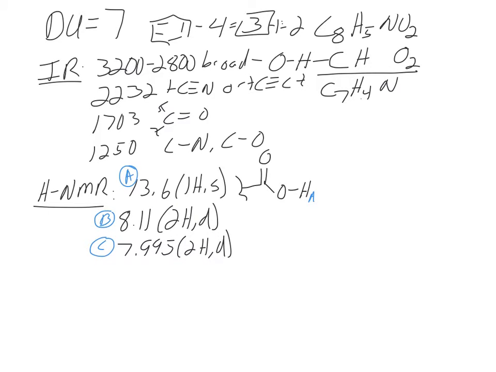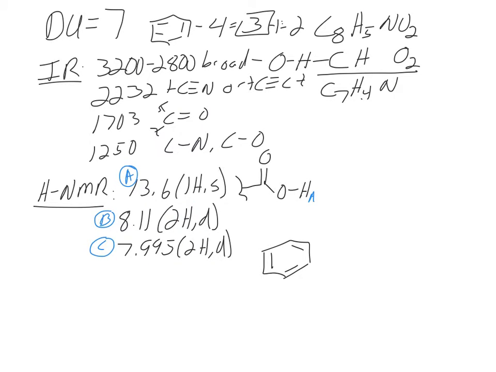Next to each other, right? If they're going to be coupled, there's only one other thing they can be coupled to, each other. Now, what region are those peaks in? Benzene region. Now, if I draw a benzene ring, which we've been expecting, there's 6 spots on the benzene ring. How many H's are going to be on this benzene ring? According to this, there's 2 and 2.